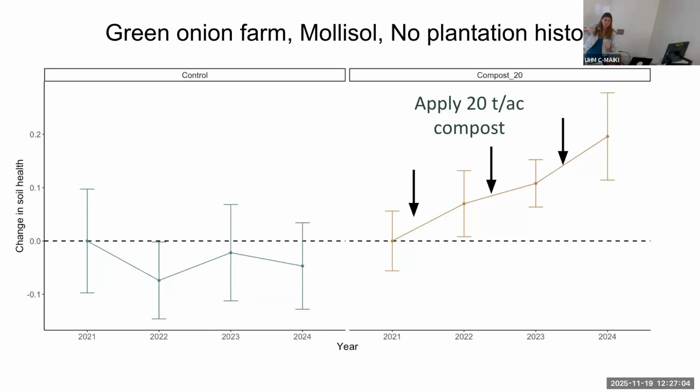Sometimes there's also noise, where you can see it go up and down a little bit, so it's not as clear in the response. But what this is going to tell us is what we can tell a farmer: if you adopt this practice, this is what you may expect in terms of the trajectory of soil health changes due to the implementation of this agricultural practice.